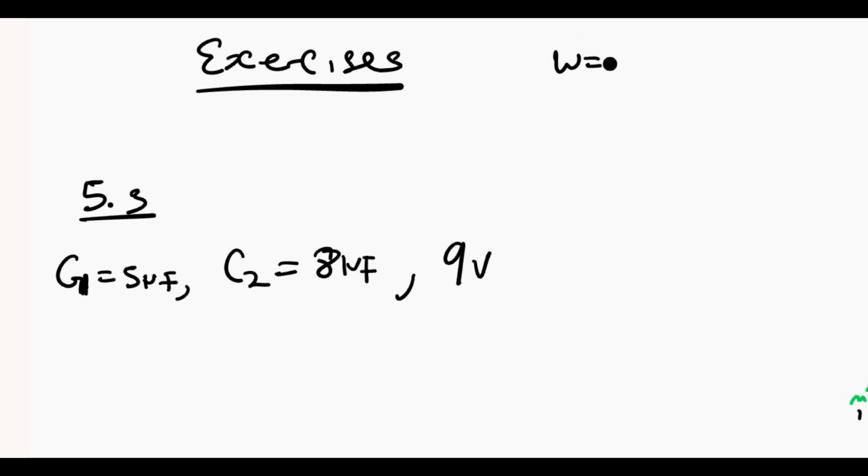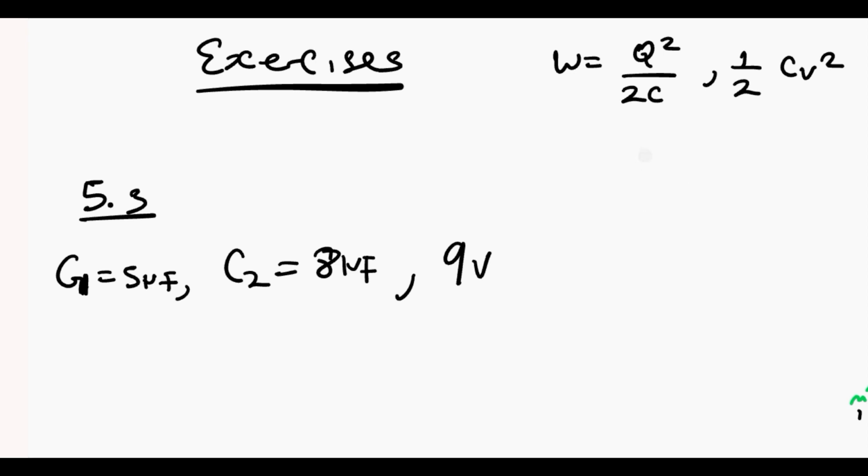The first one is Q squared over 2C. The second one is 1 over 2 CV squared. Without going further, we already know that the second formula is what we use because it has only capacitance and voltage.